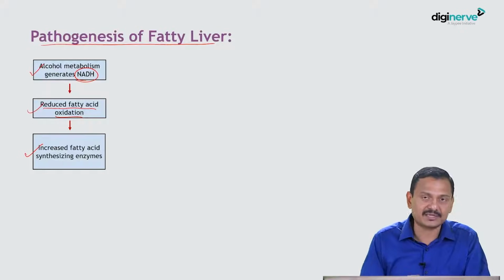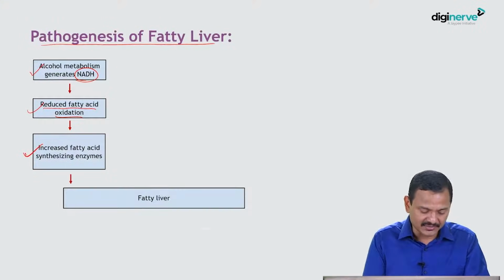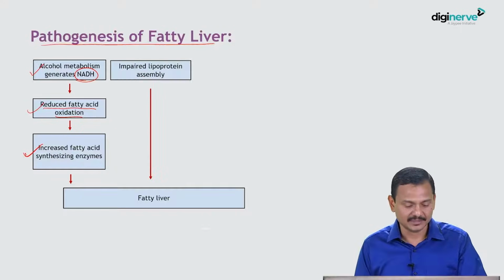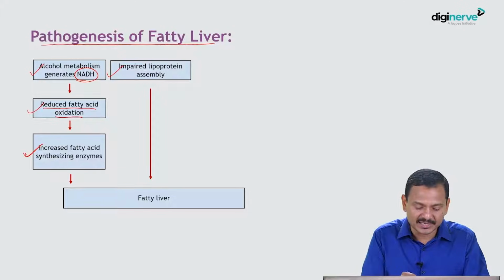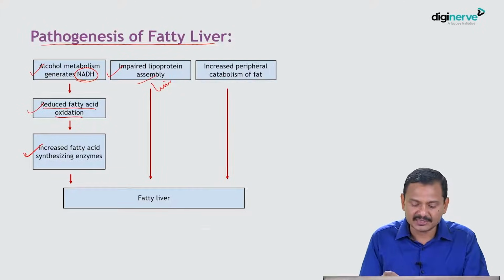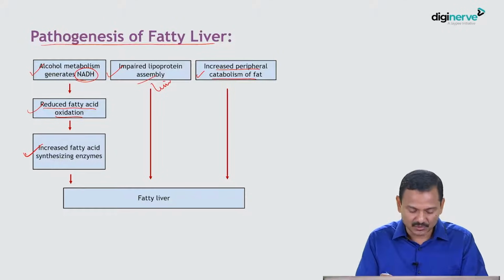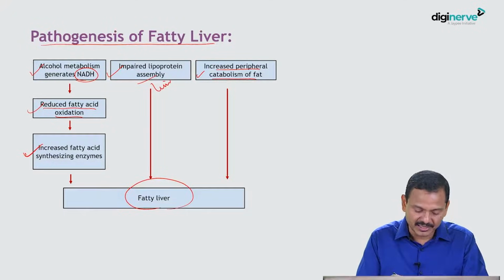There is reduced fatty acid oxidation as well as increased fatty acid synthesis, and this will lead to fatty liver. In addition to that, there can be impaired lipoprotein assembly in the liver as well as increased peripheral catabolism of fat. So all these will come to the liver and cause fatty liver.